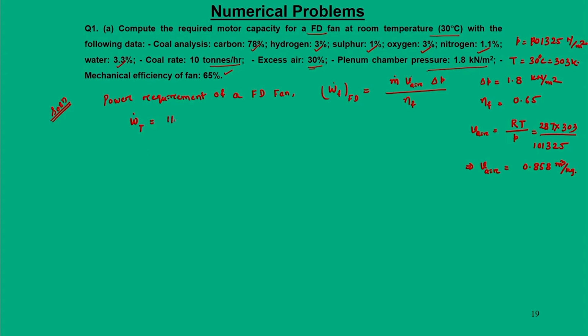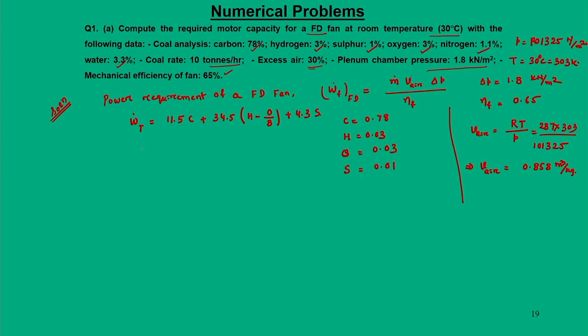You recall our expression, W dot T is equal to 11.5 C plus 34.5 into H minus O by 8 plus 4.3 S. Out of this we already know the data that is given: C as 0.78, H as 0.03, O as 0.03 also, then S as sulfur as 0.01.